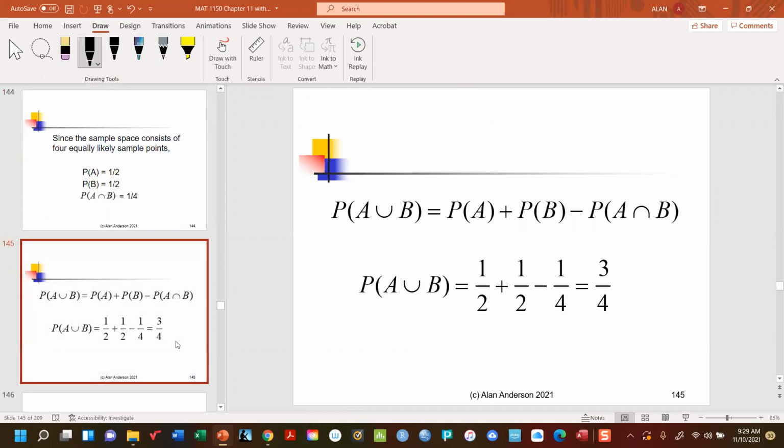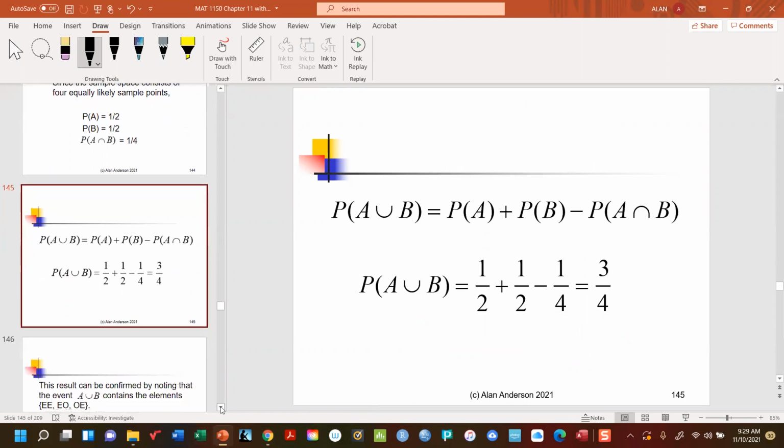So we plug them in, and we do in fact end up with 3/4. Now, I'm going to show you in a second a way that we can confirm that we've done this correctly. But first, let's just note that we've used the addition rule, and we were careful to subtract the overlapping part between the two sets and come up with the correct answer, which is 3/4.